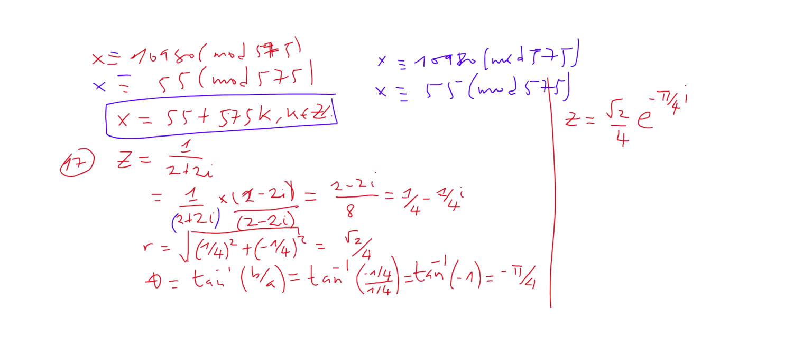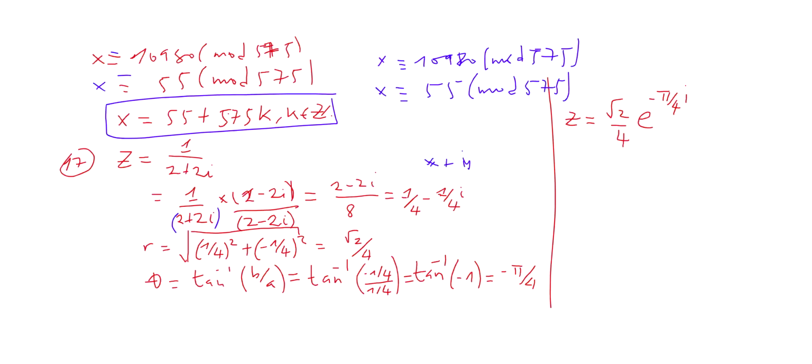And once you have this, which is your x plus iy, now you can write the modulus. The modulus is the square root of (1 over 4) squared plus (minus 1 over 4) squared, and this is square root of 2 over 4. And now we can find the angle theta.